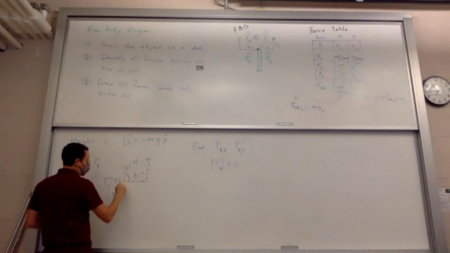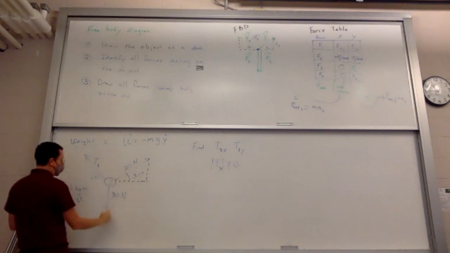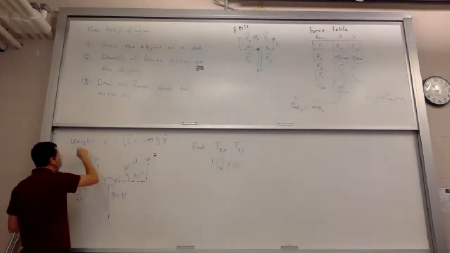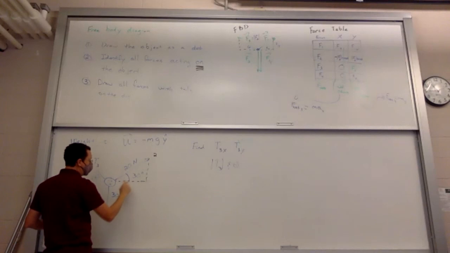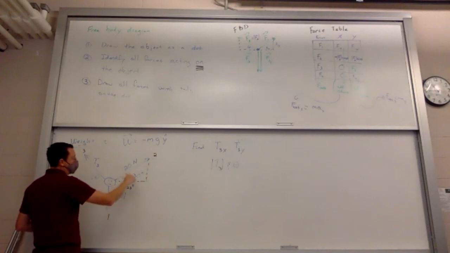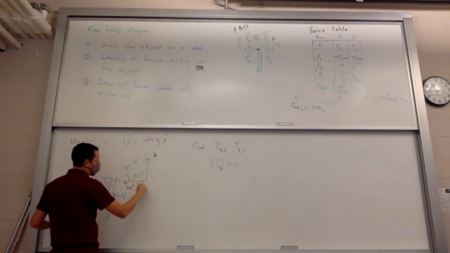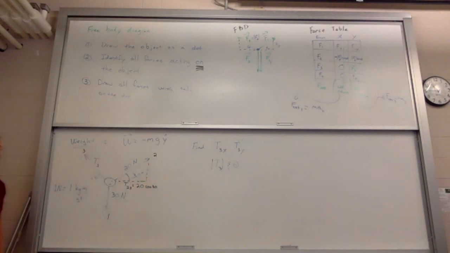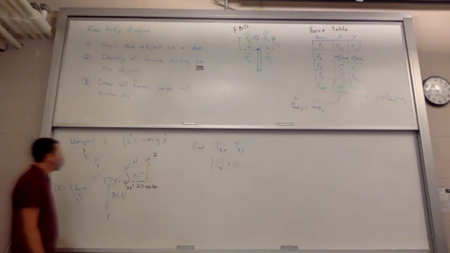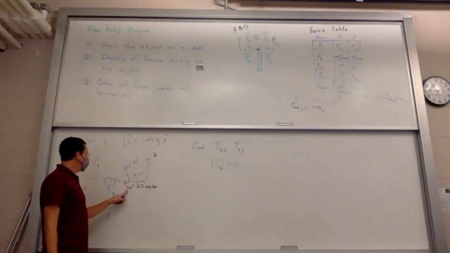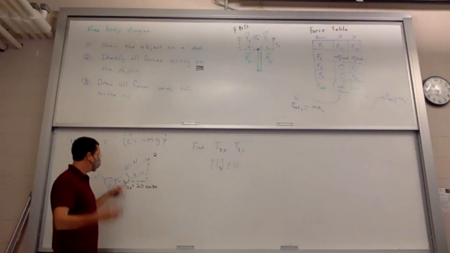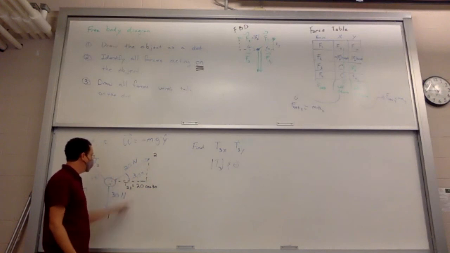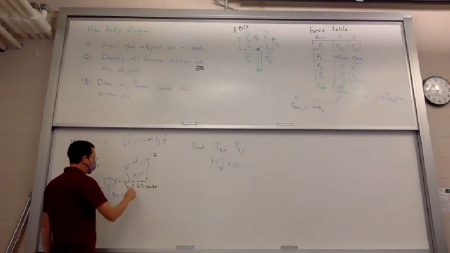If I'm naming these 1, 2, and 3, then the tension for rope 2 in the X direction is 20 cosine 30. The cosine of 30 is 0.866 times 20.